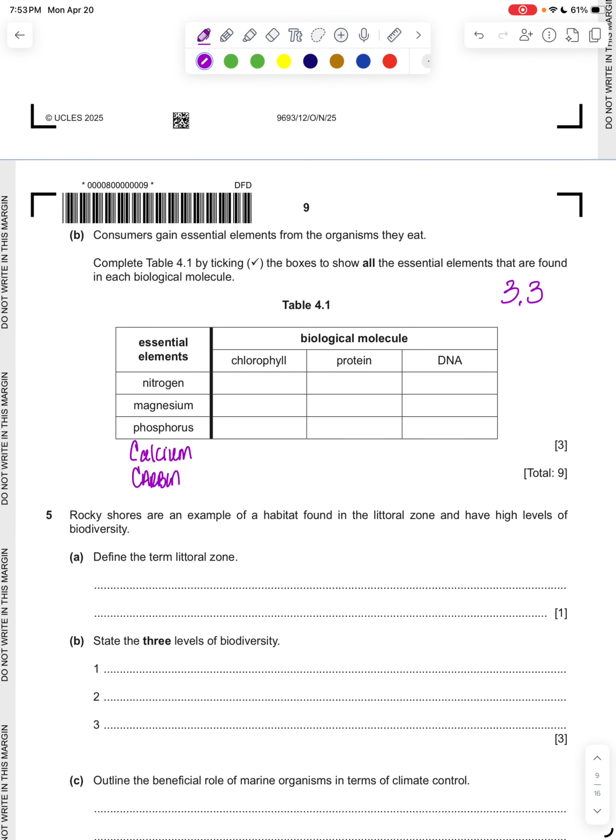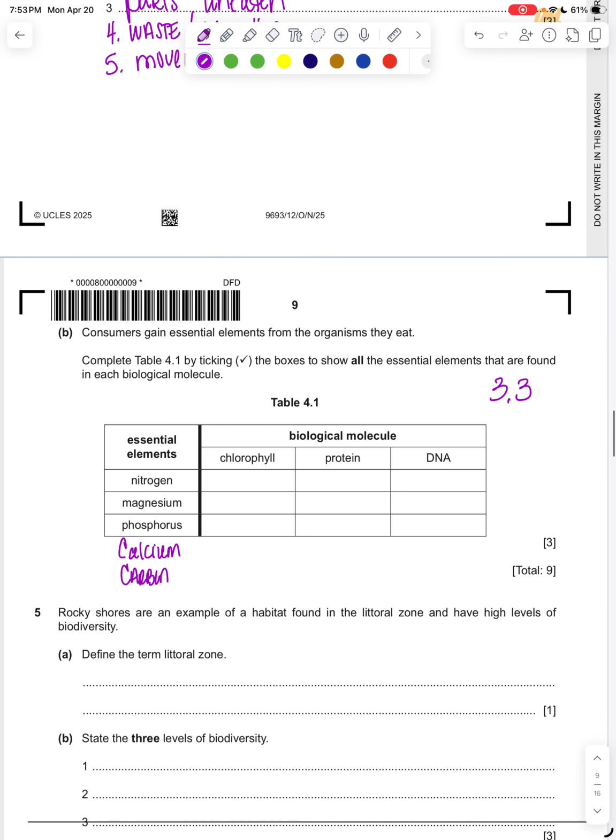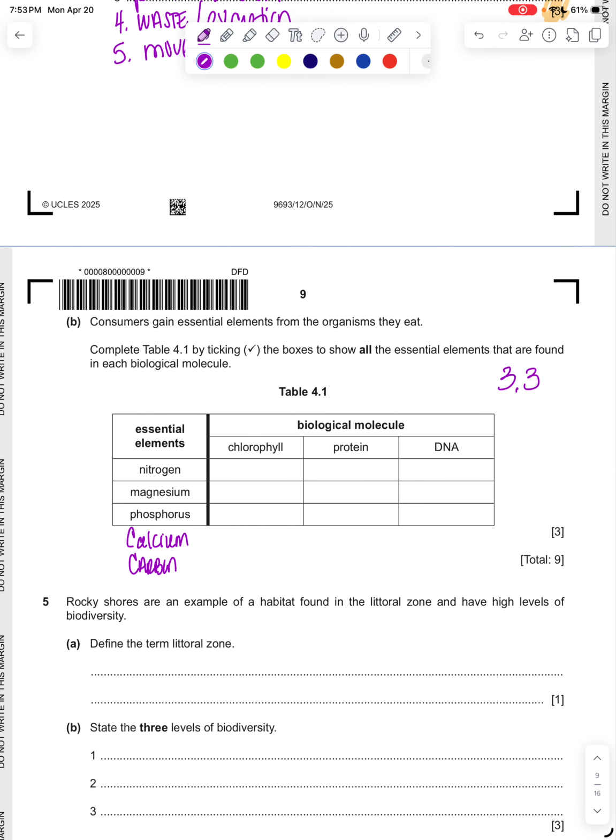All right. First one, so we need to put a tick mark in there. We know for sure chlorophyll needs magnesium.